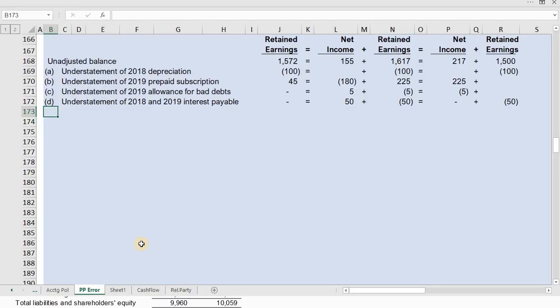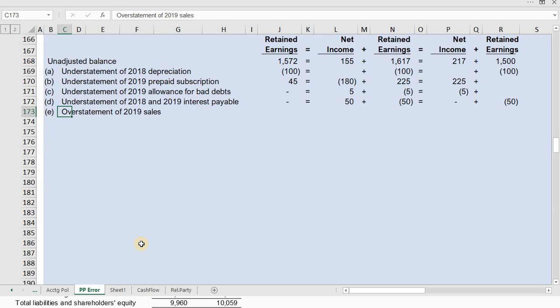So again, for letter E, this is an overstatement of 2019 sales because the 500 sales is recorded in 2019. However, since the goods are still to be delivered in 2020, the sales should have been recorded in 2020 and not in 2019.